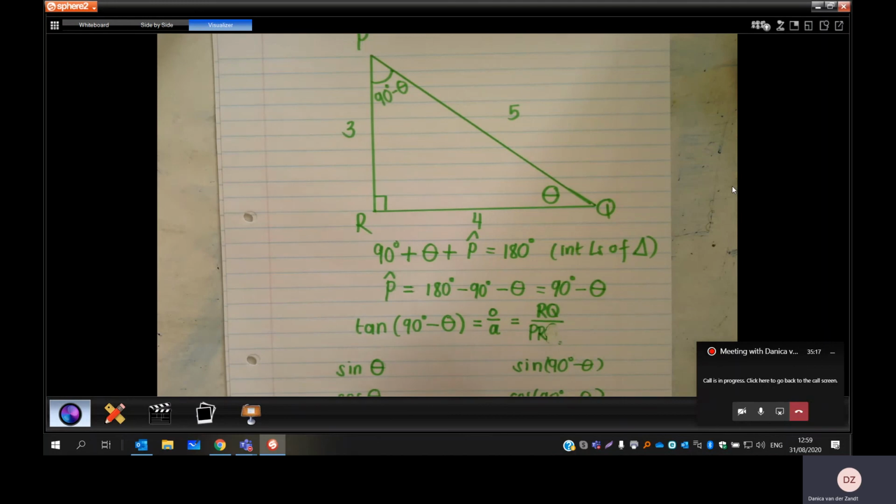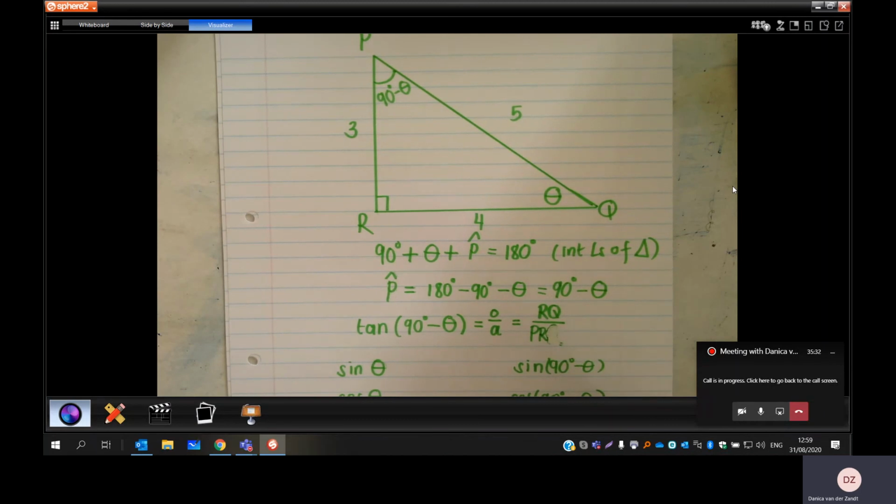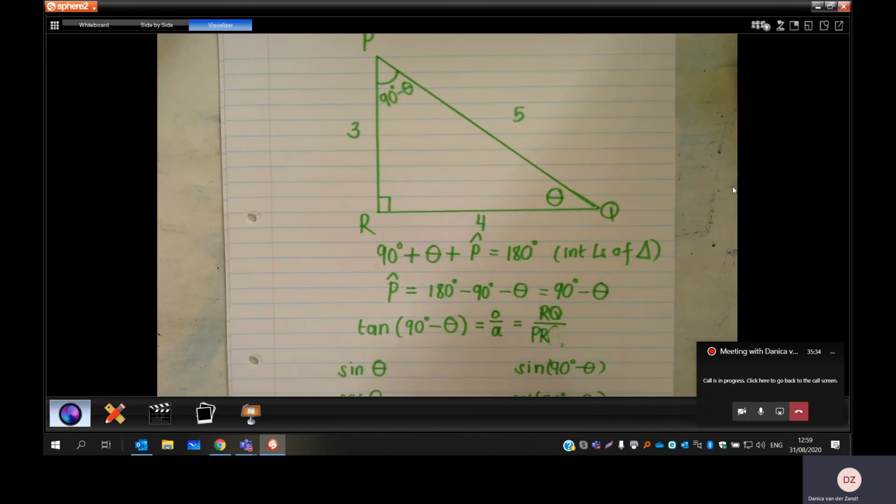I also want sine of q, cos of q, and tan of q, and sine of p, cos of p, and tan of p.